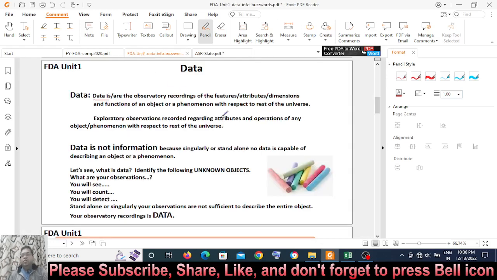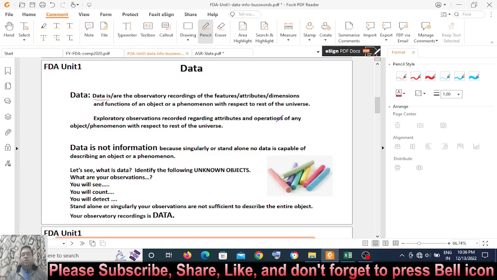So circular is one feature. It may have color and so on. Basically, data is what the exploratory observations recorded regarding attributes and operations of any object, phenomena or event, with respect to the rest of the universe, because no object exists without the rest of the universe. It exists inside the universe, so whatever we record is with respect to the universe.